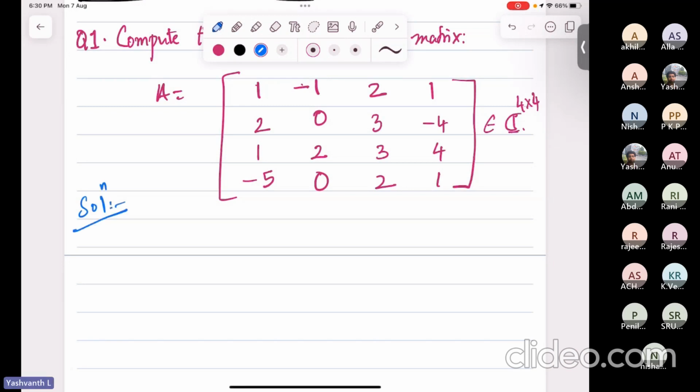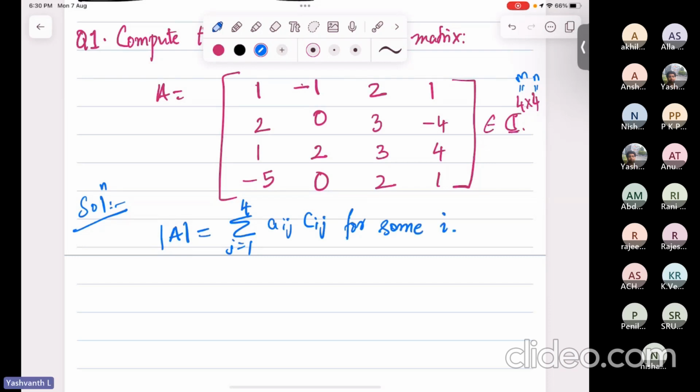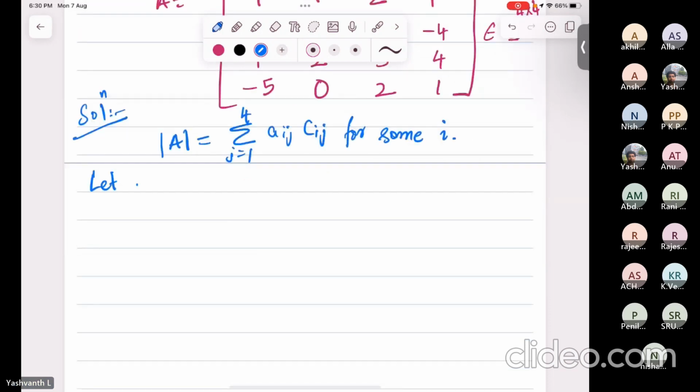Solution. So we know that the determinant of a matrix A is given by the sum over j equal to 1 to 4, because m is equal to 4 and n equal to 4, of a_ij times c_ij for some i. Now let i equal to 1, that is, expanding the determinant along the first row.